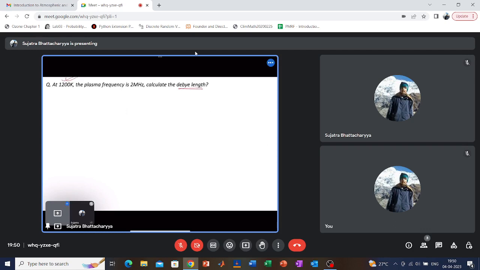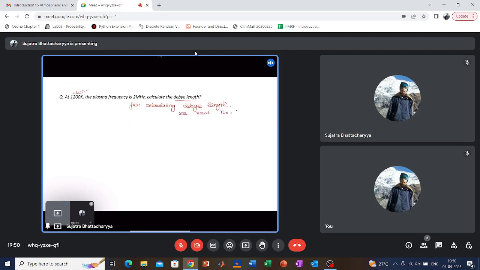See, for calculating debye length, we need n naught and temperature, because other things are known.